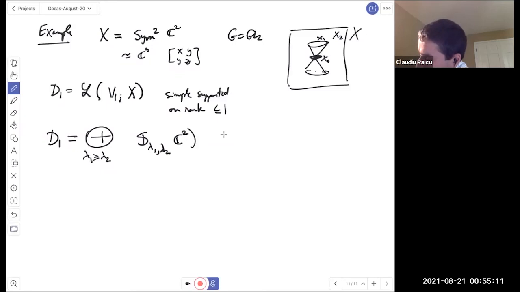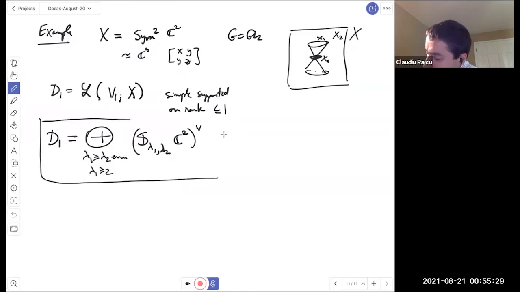And well, for reasons that will become obvious, I want to work with the duals. And so not all pairs show up, but it's just the ones where lambda 1 and lambda 2 are even, and lambda 1 is bigger than or equal to 2. So this is one sample calculation that tells you what the structure of D1 is as a GL2 module.